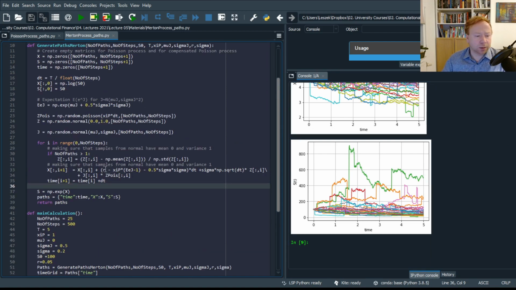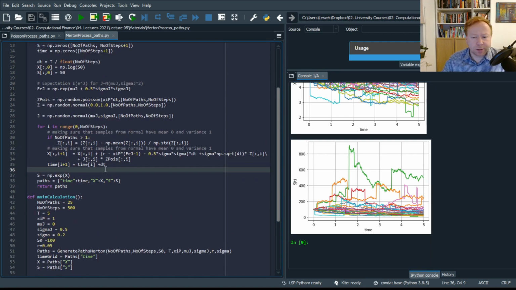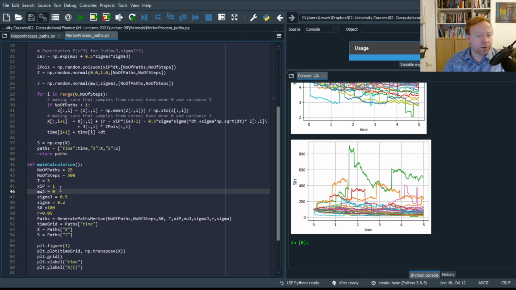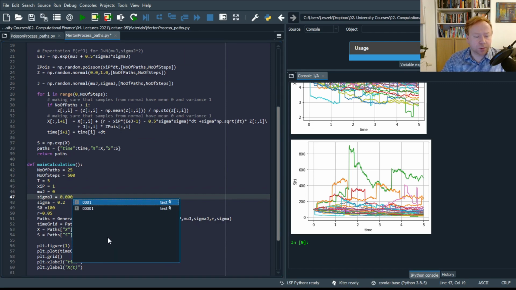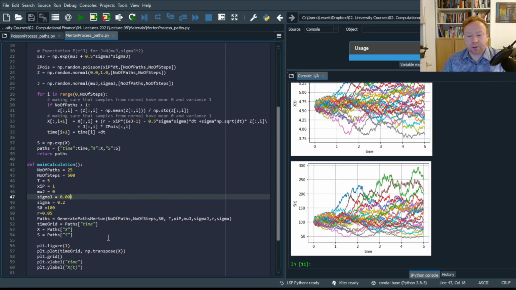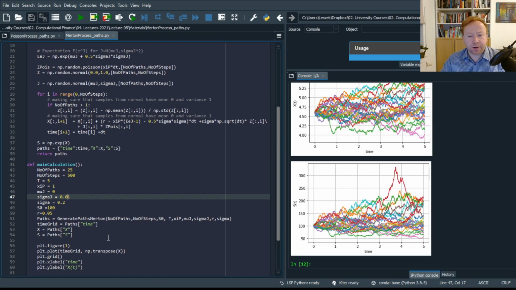If we play with the parameters, for example, if we make sigma J very small, then the jump size is removed or extremely small, because it is a multiplier of a Poisson process, so that doesn't have much effect.